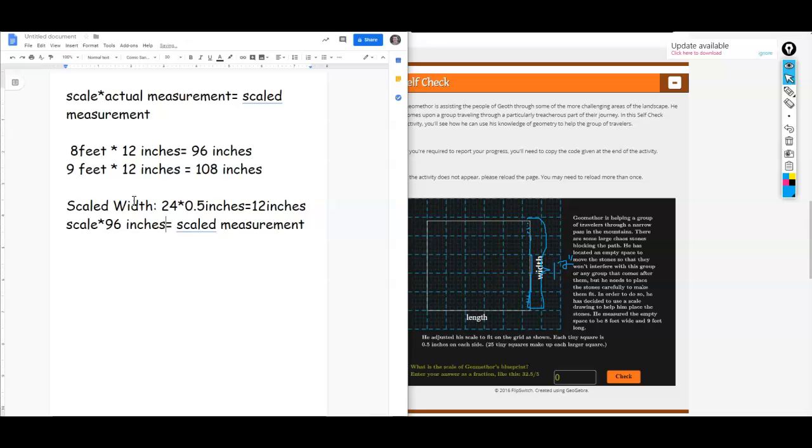And we do know that the scaled width is 12 inches. So in order to find our scale, we're going to divide by 96 inches on both sides.